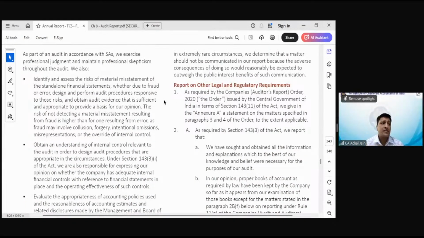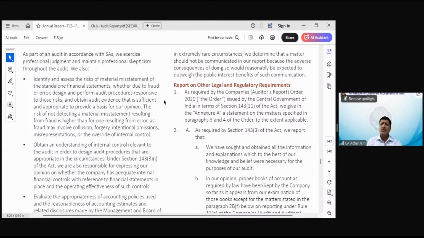In this case, the auditor is required to cover certain areas while auditing the financial statements of an entity, and in respect of those areas, the auditor is required to provide his comments.